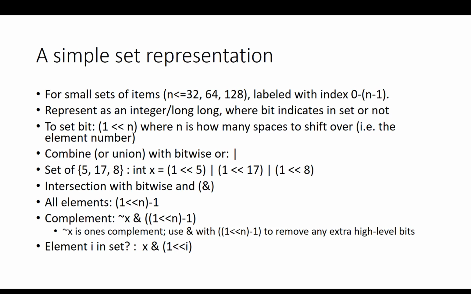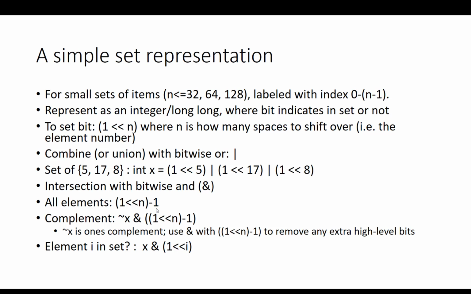I didn't actually put this on the screen here, but you can do exclusive OR between two things in that case. If you want something that has every single element, then if you take 1 shifted n to the left and then subtract 1, that's going to be all the different elements.